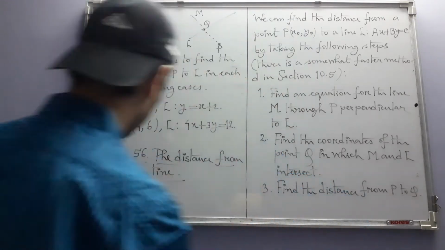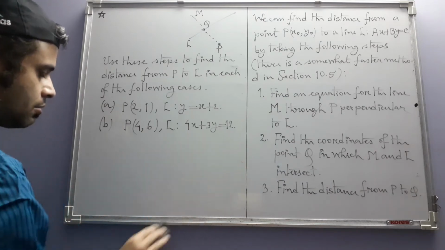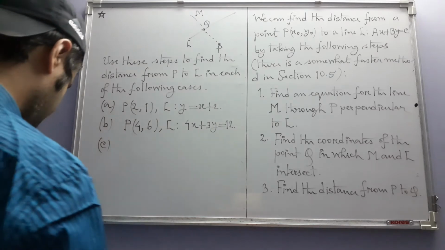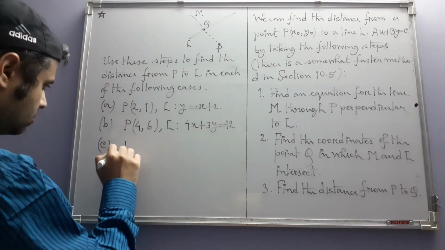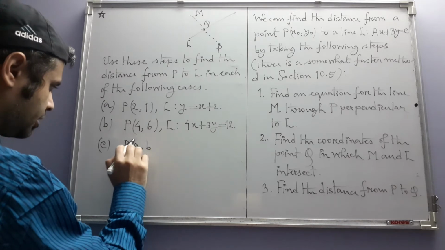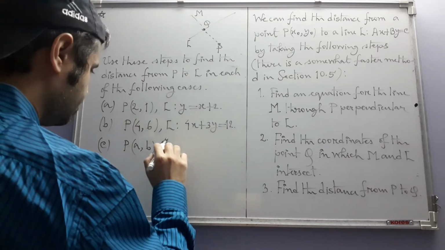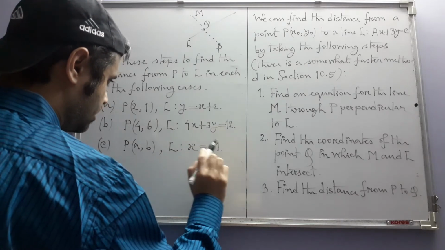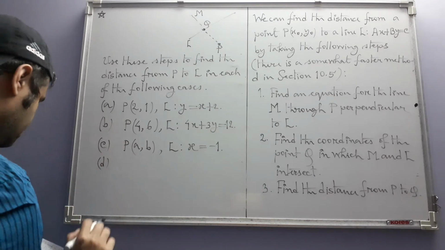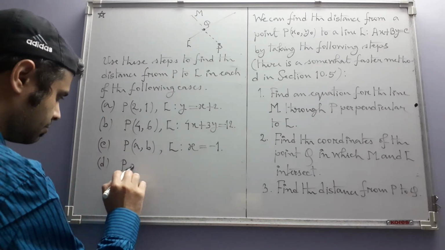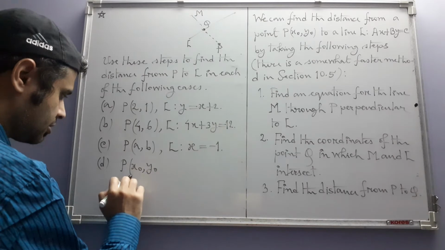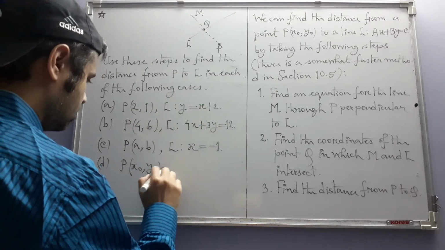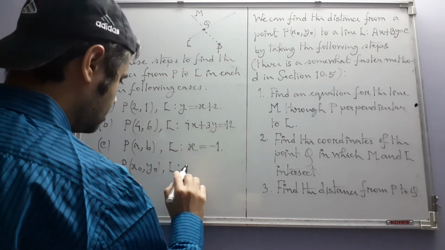Part C, P has these general coordinates a, b and L is the line x equal to -1, and part D is the most general, of course, where P has the coordinates x0, y0 that it originally had, and L is this general straight line.